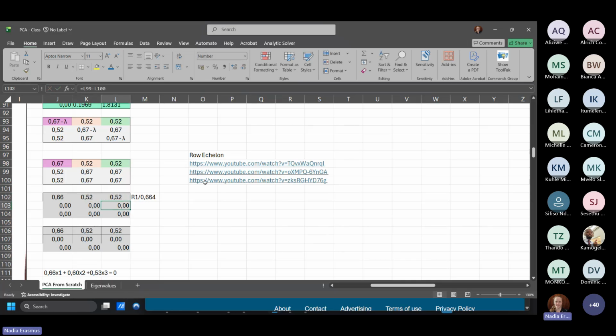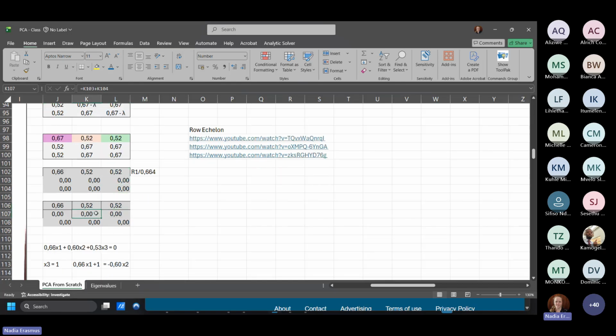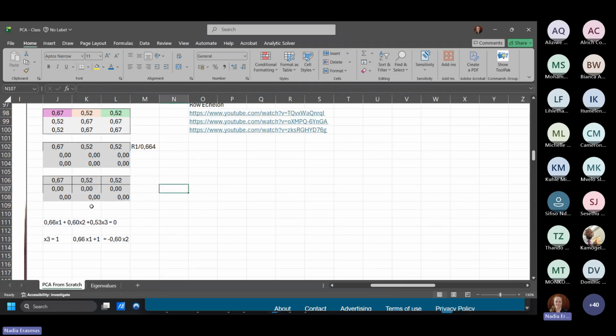I did put a few YouTube links here as well for row echelon form. And then you can say, okay, this is going to be equal to 1. So you're going to have x1, x2, and x3, and it is equal to 0.